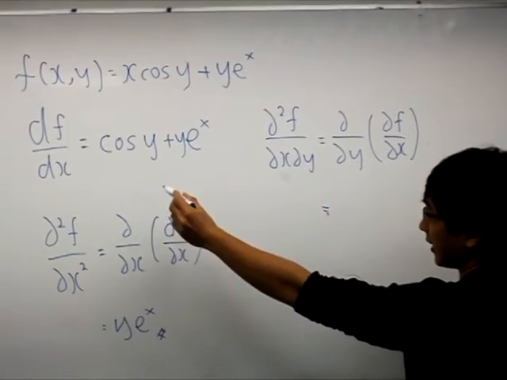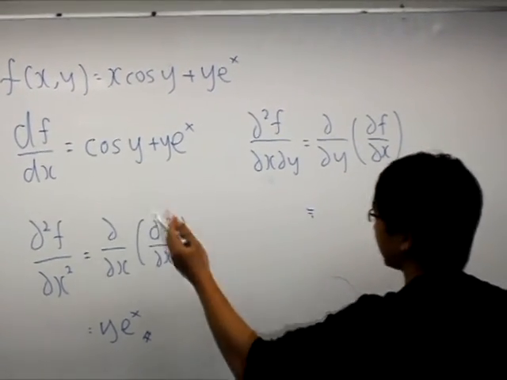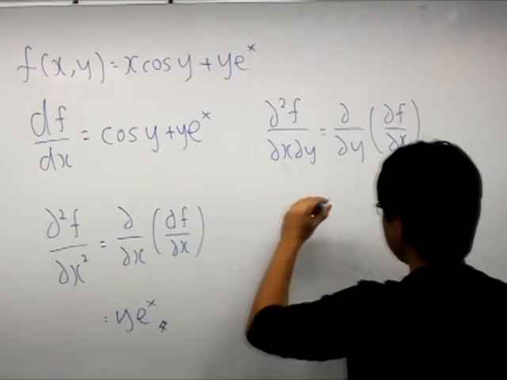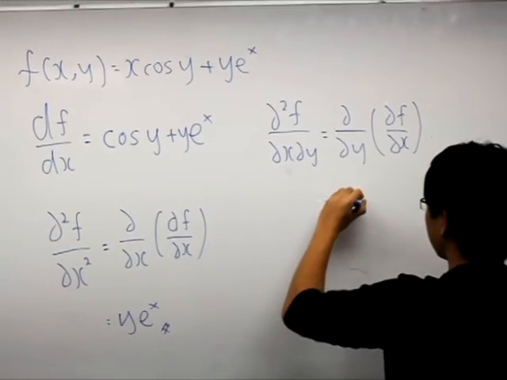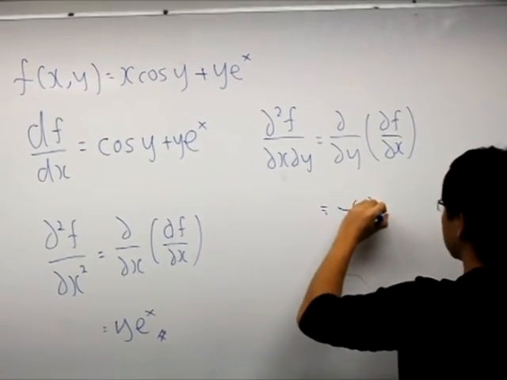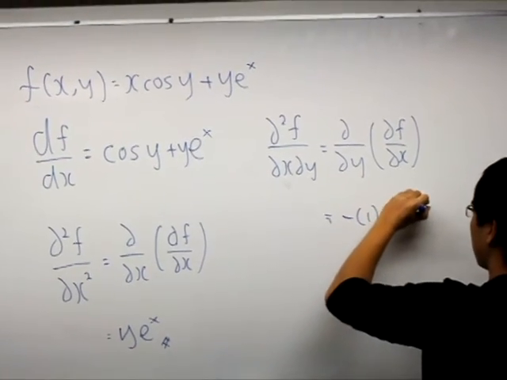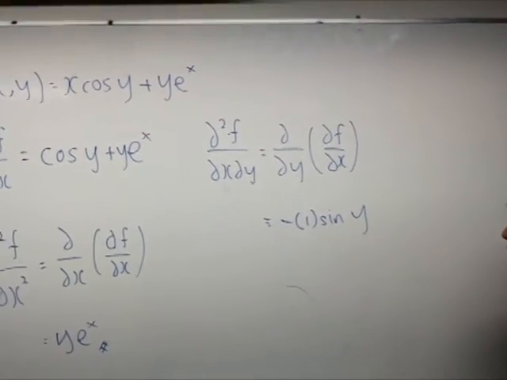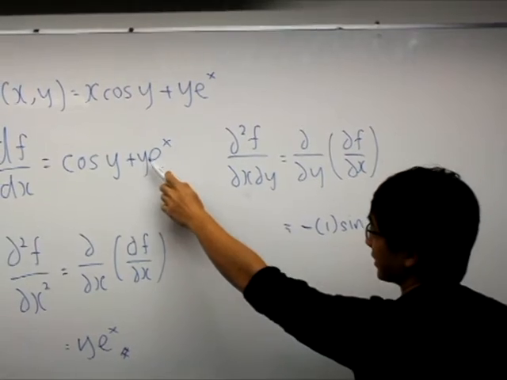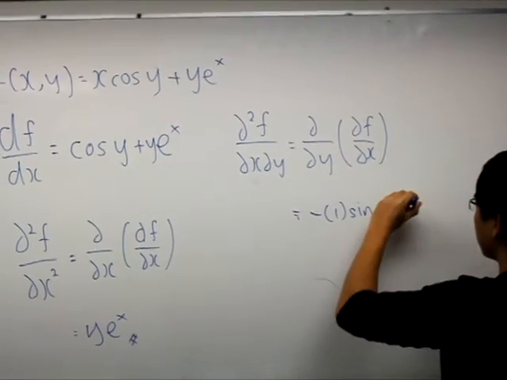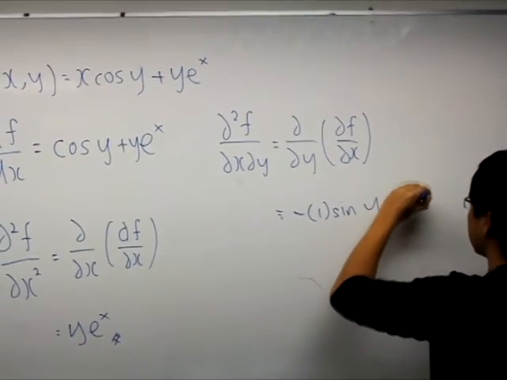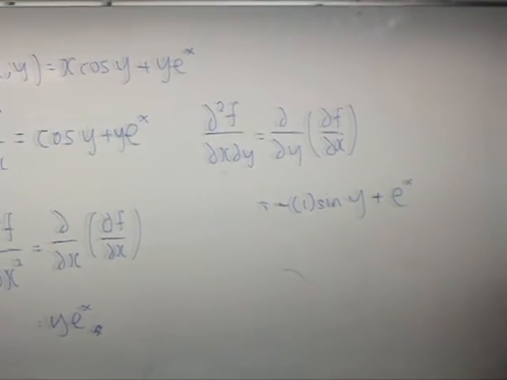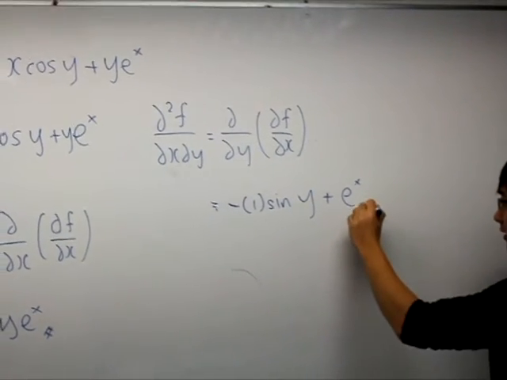So for cos y, there's no x, so it doesn't matter. When you differentiate, you actually get negative 1 times sine y. And we differentiate y e^x. Since e^x is a constant, you will get e^x, since y is the variable you differentiate. This will be the answer.